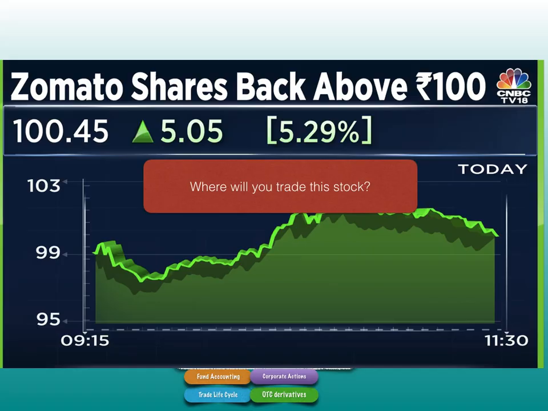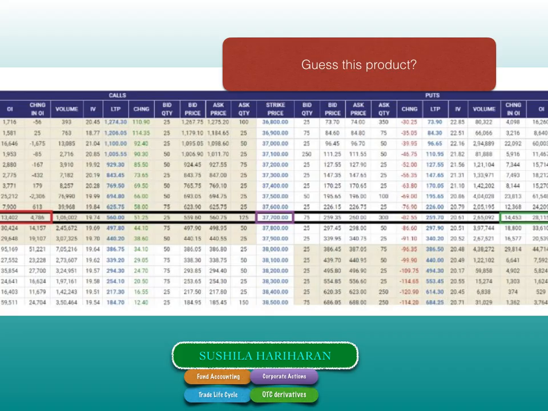Where will you trade this stock? Do you trade it on the bond market, the stock exchange, the currency market, or the commodity market? So just put your answers down in the comment section below.